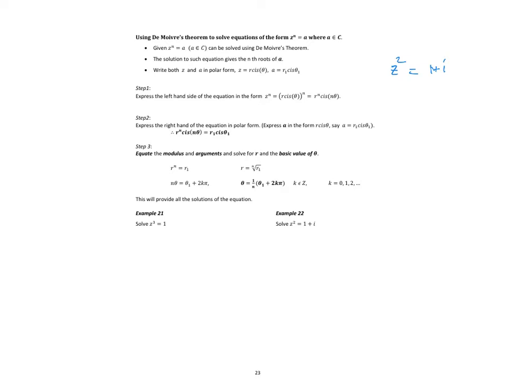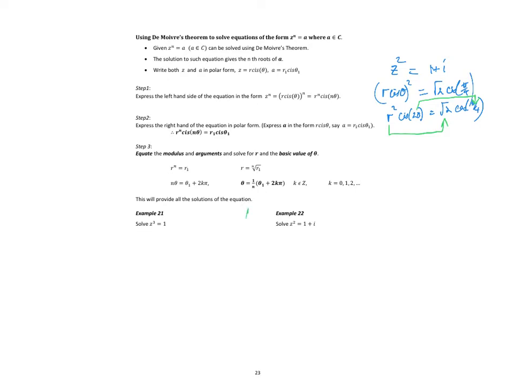The polar form of z is just r cis theta, and the polar form of 1 plus i is root 2 cis pi on 4. So the left hand side now becomes r squared cis 2 theta equals root 2 cis pi on 4. Then we equate: for these two terms to be equal, r squared has to be root 2 and 2 theta has to equal pi on 4. And then we find some solutions.